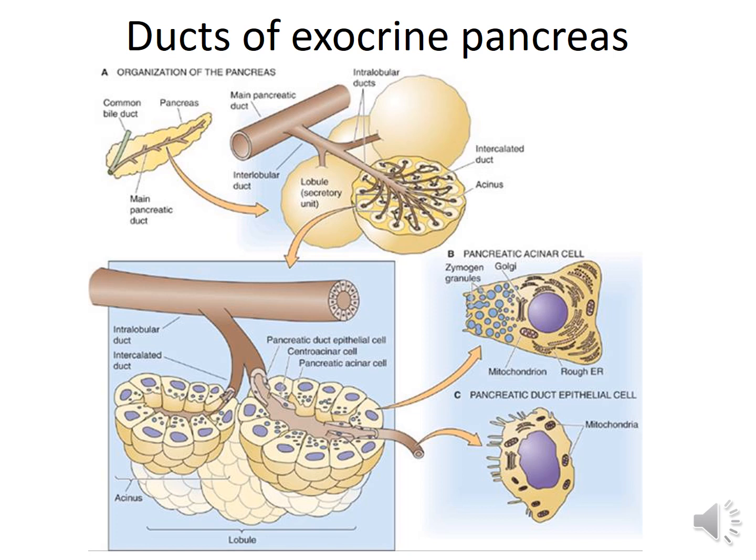So here you can see the intercalated ducts arising in the center of the serous acini and extending out, and then various intercalated ducts join to form the intralobular ducts, and then the interlobular ducts and the main pancreatic duct.